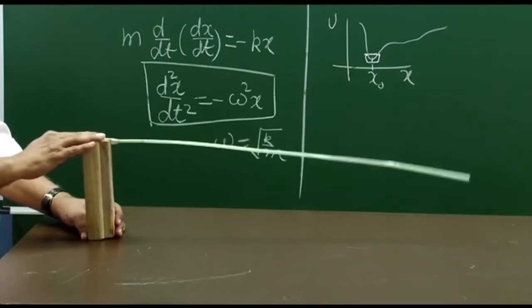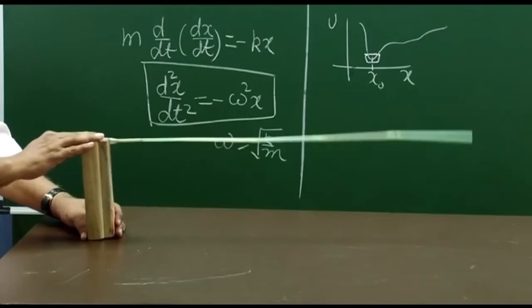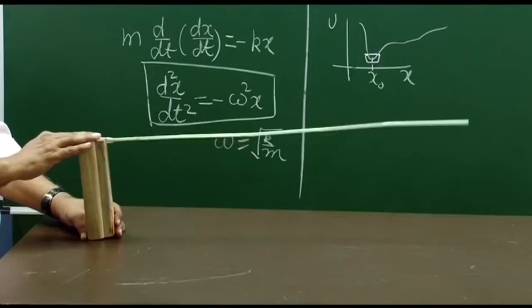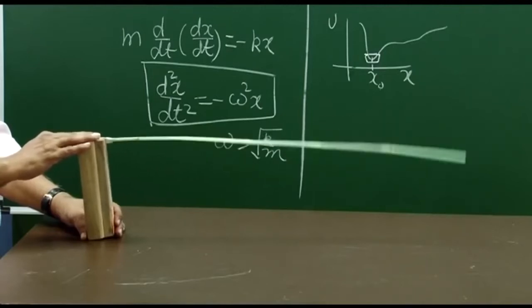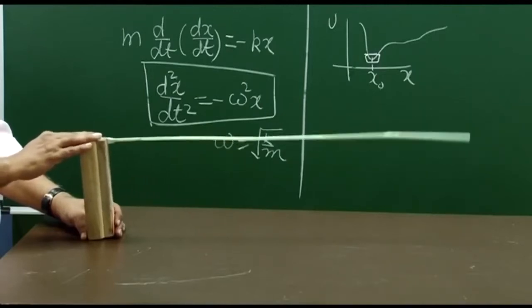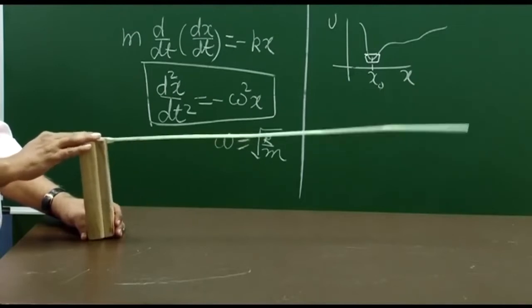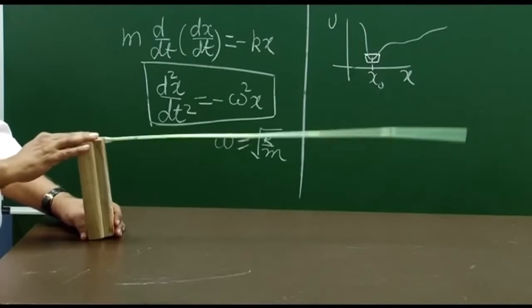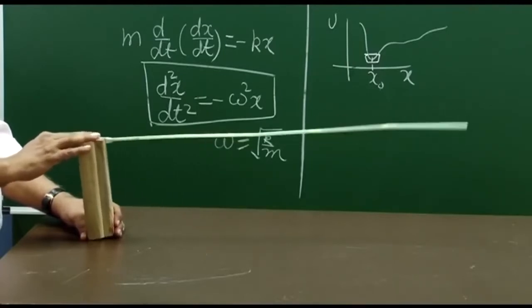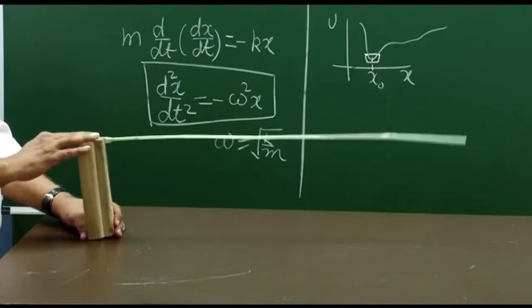I am moving my fingers in a very small amplitude, but you see a large amplitude appearing at the other end of the straw. If I increase my frequency, although I am moving my fingers with a much larger amplitude, the frequency is also large, and the amplitude of the oscillation of the straw tip is much lower.